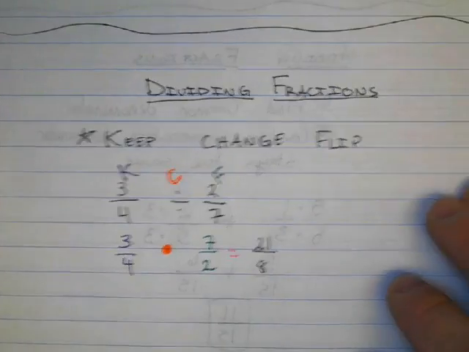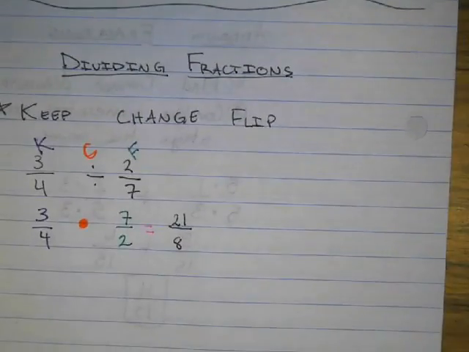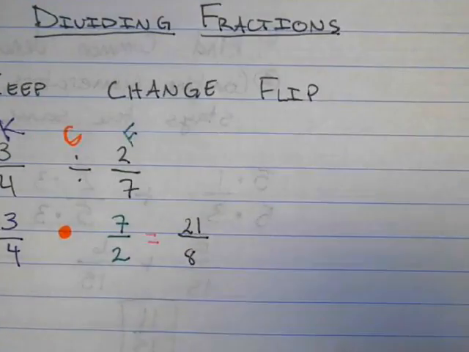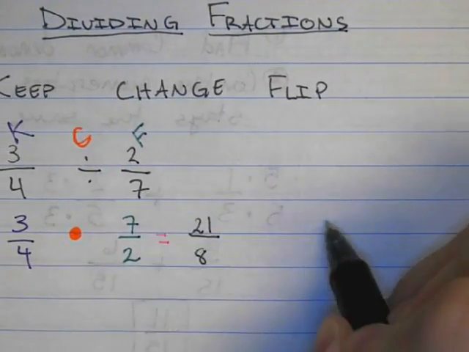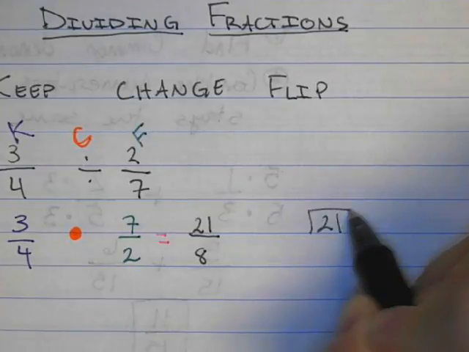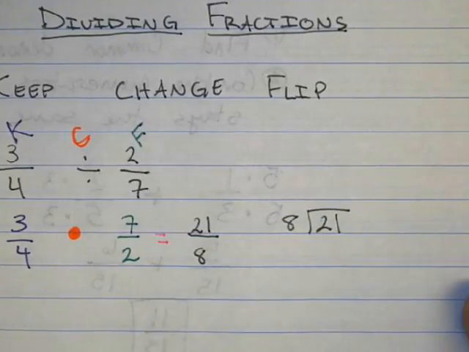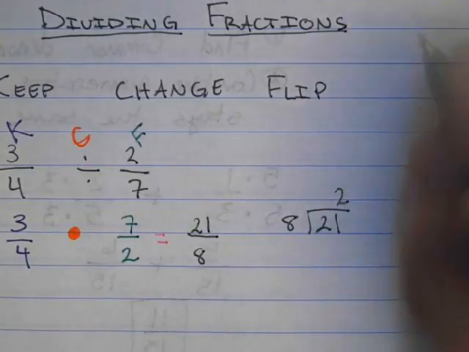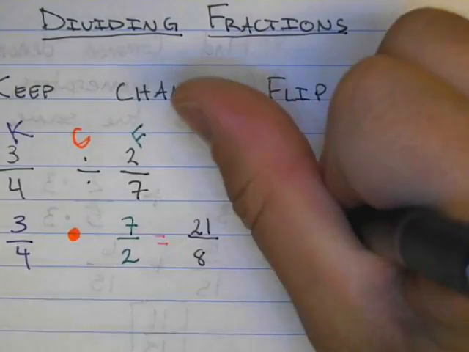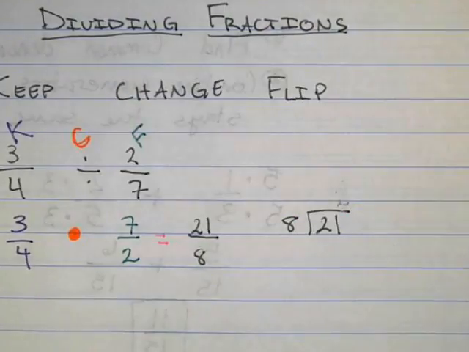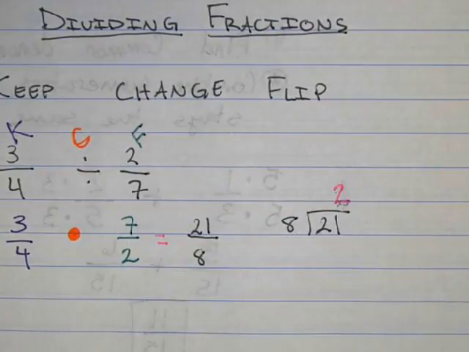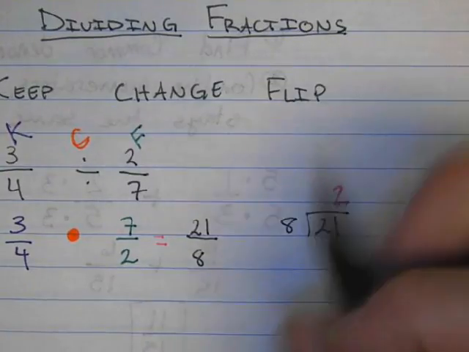Now let's convert this into a mixed number. To do that, we will use long division, where we have 21 divided by 8. 8 goes into 21 2 times. Let's use some color so we can keep it straight. 2 times 8 is 16.